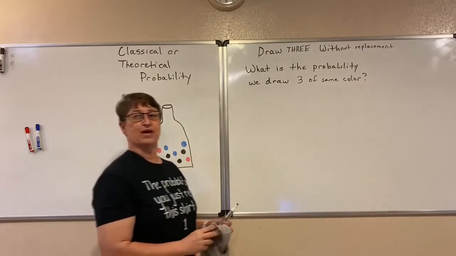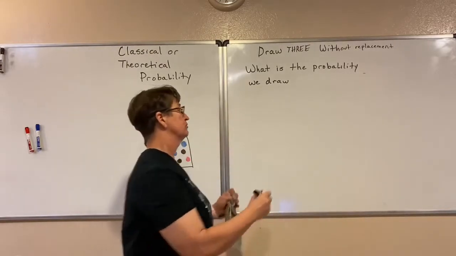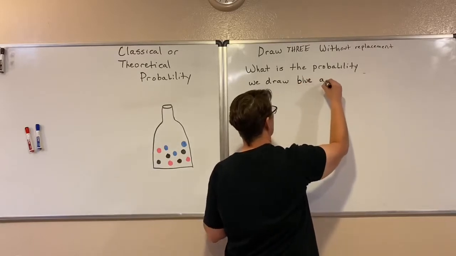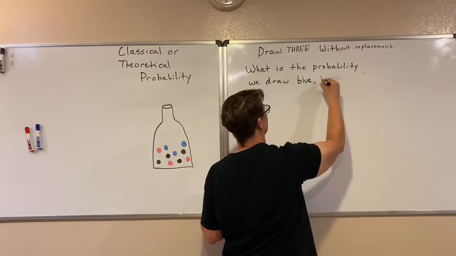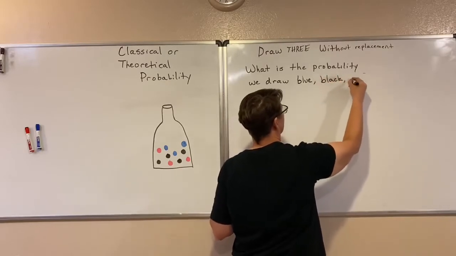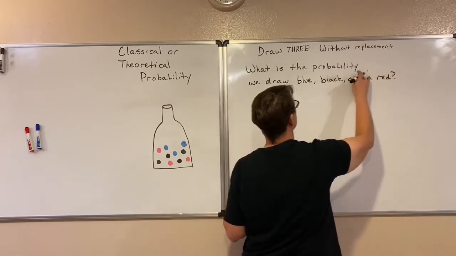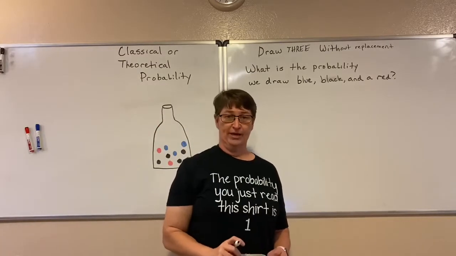Actually, instead of doing that one, let's do this. Let's get one blue, black, and a red. I want to know what's the probability that I get a blue, a black, and a red.